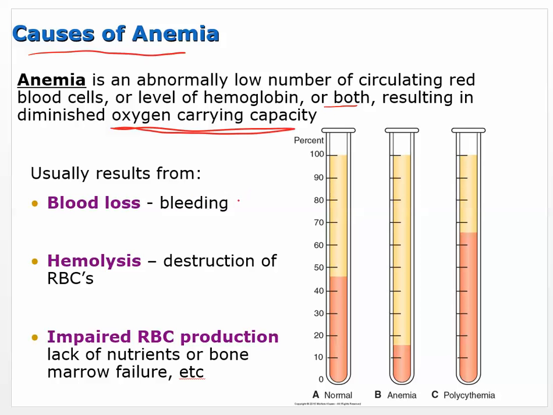It usually results from bleeding, because that's a quick way to get rid of red blood cells. Hemolysis, so that means that for some reason the red blood cells are being broken down, or you're just not able to make them in the first place, whether it's from a lack of nutrients or the bone marrow is failing, something is not allowing you to make them.